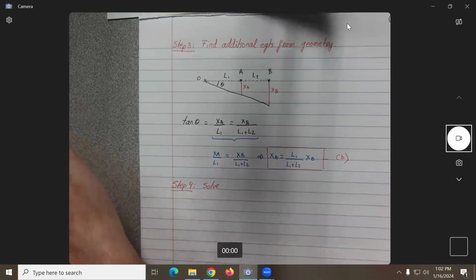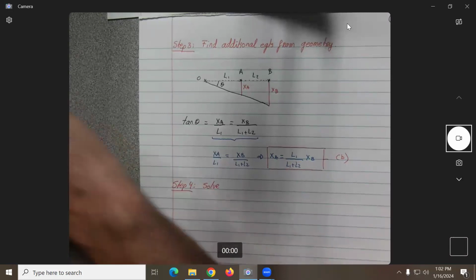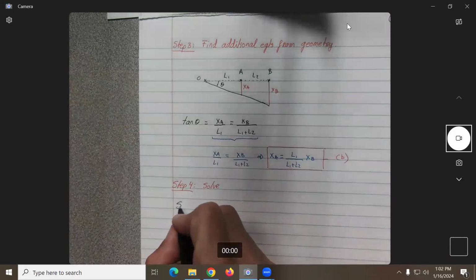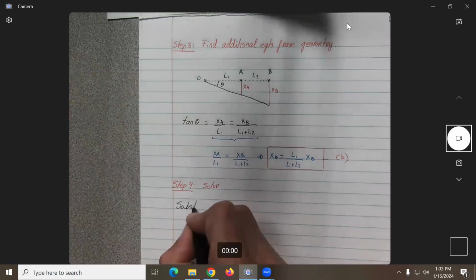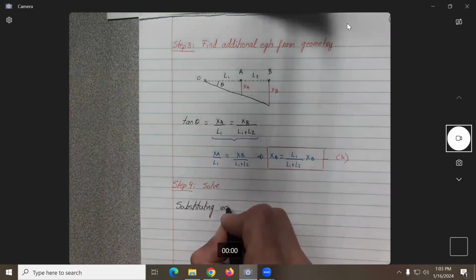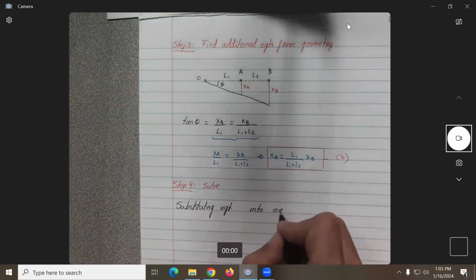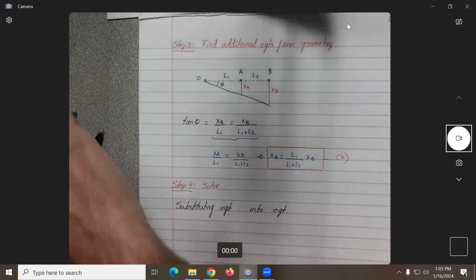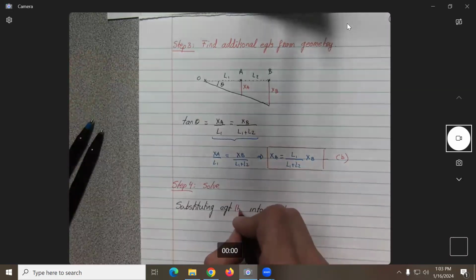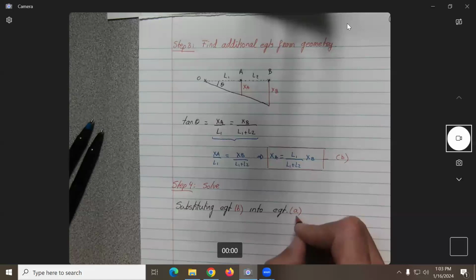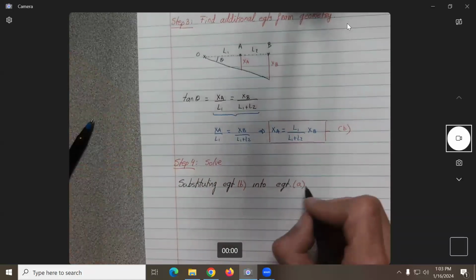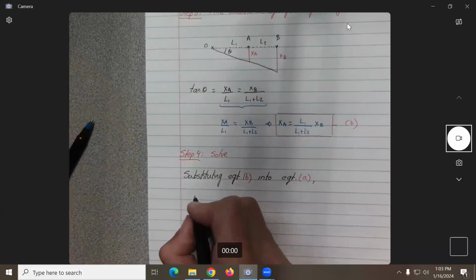In order to solve, what we're going to be doing is substituting equation B into equation A. What do we have? So let me just rewrite it.